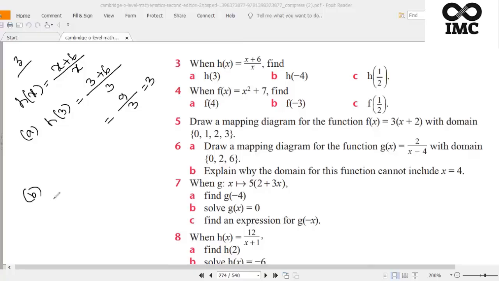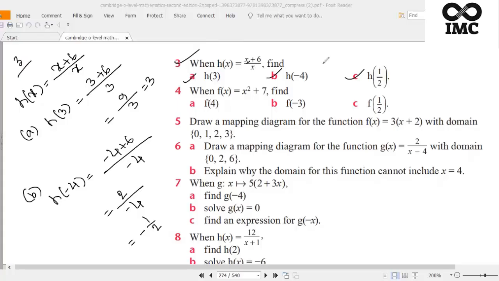Now question number B, h of minus 4. So here instead of x we will put minus 4. So minus 4 plus 6 by minus 4. Minus 4 plus 6 will be 2. So 2 by minus 4 will be minus 1 by 2.